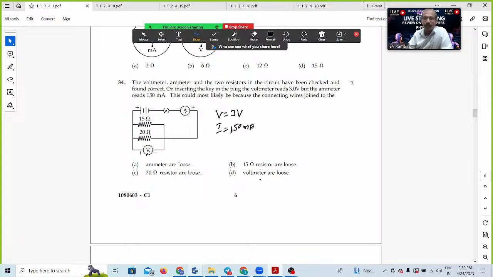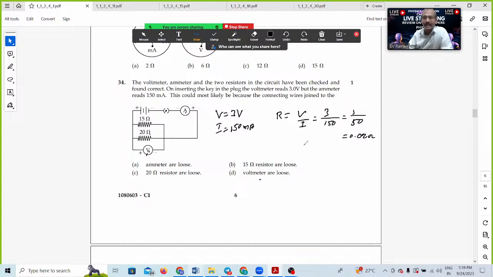One reading is 3 volt, the other is 150 milliamperes. What is the resistance here? R is equal to V by I, which is 3 by 150 milliamperes, so 1 by 50, so 0.02 ohms approximately.